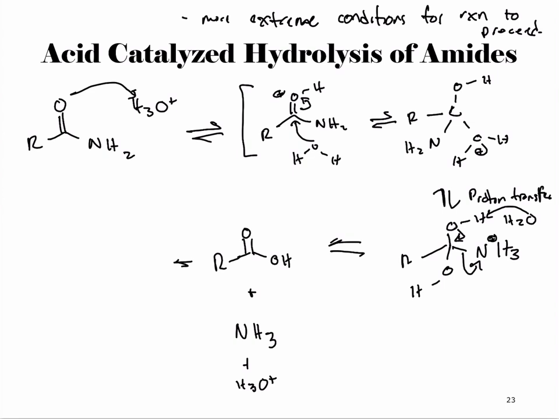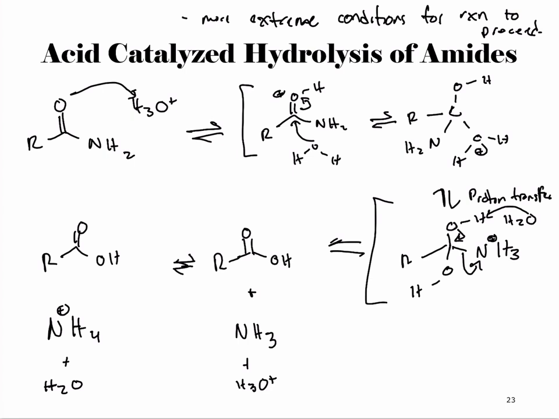The carboxylic acid stays the same, but the ammonia acts as a base, forming NH4 plus and H2O. So we don't generate H3O plus in solution because the ammonia reacts with the H3O plus before it can change the pH of the solution.